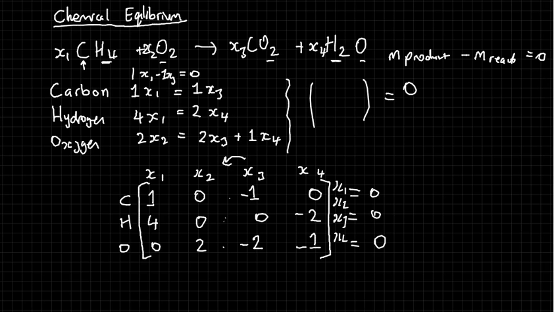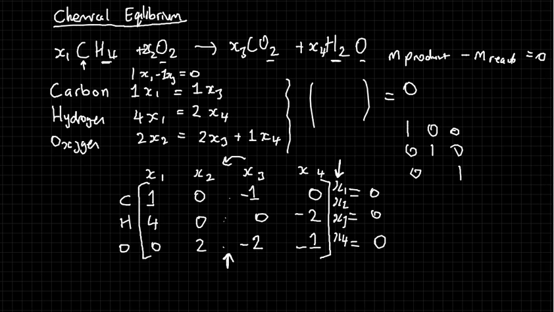And the matrix times the column vector x1, x2, x3, x4 has got to equal 0. So we've got to find out what these are.